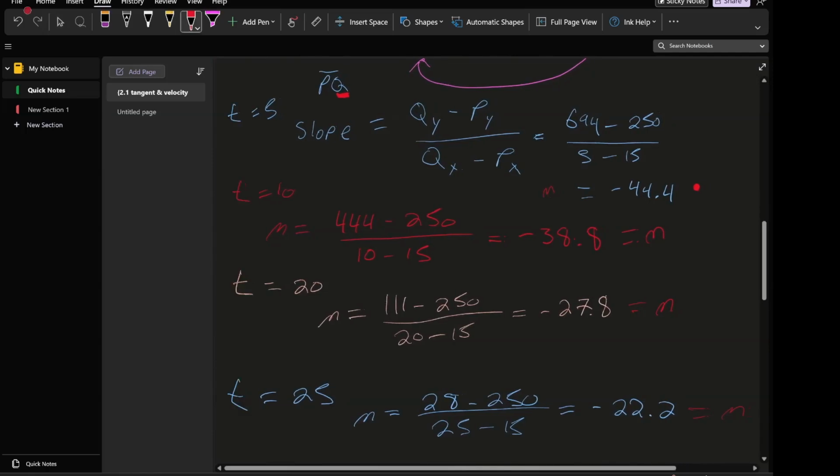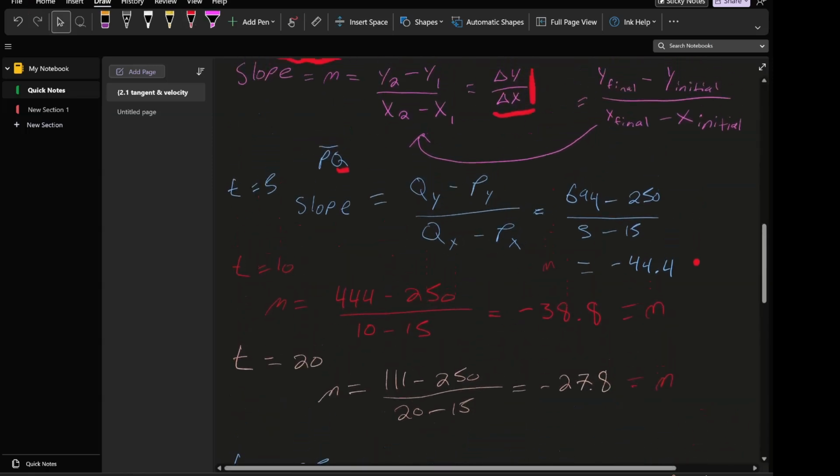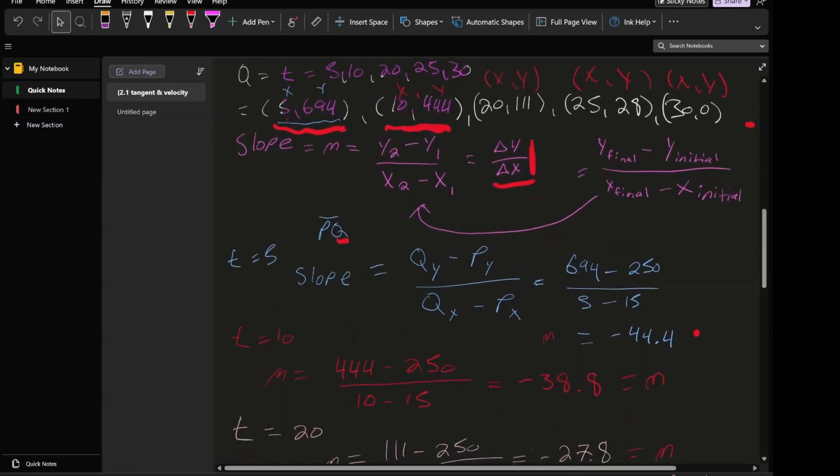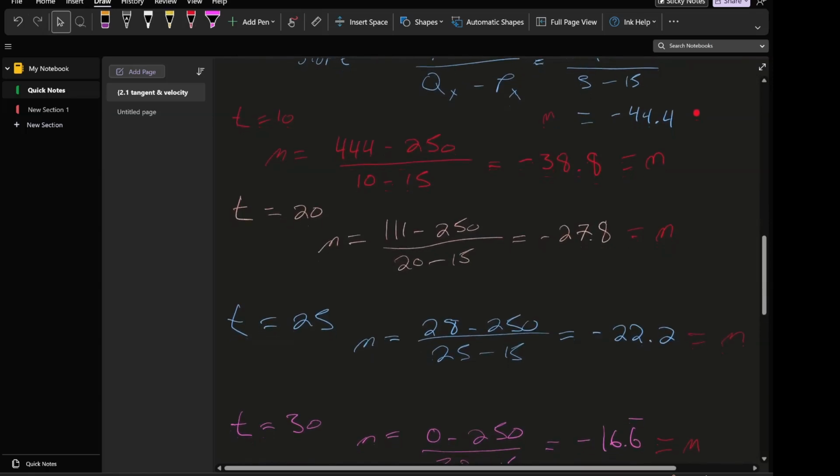Now at t equals 10, you're doing the same thing, but instead of this ordered pair, you're using the next ordered pair, (10, 444). So your slope is equal to 444 minus 250 over 10 minus 15. You get that your slope is negative 38.8.